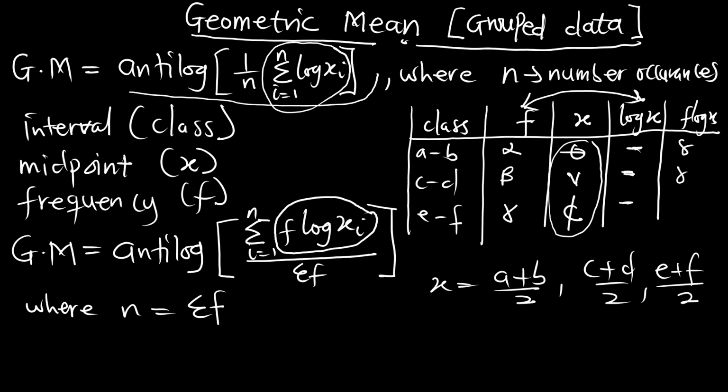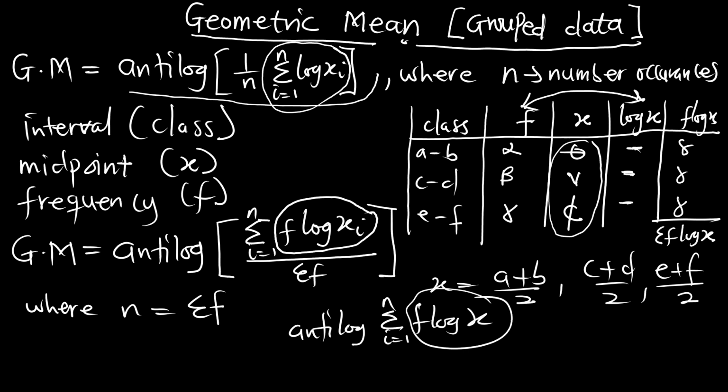After that, we are going to sum everything here, which is f log x, and we will bring it back into the formula as the antilog of the summation from i to n of f log x. This whole f log x is what we are obtaining here. Are we okay? So that's the summation.